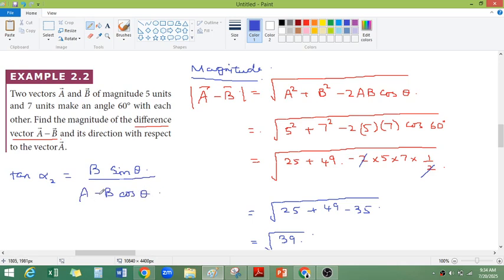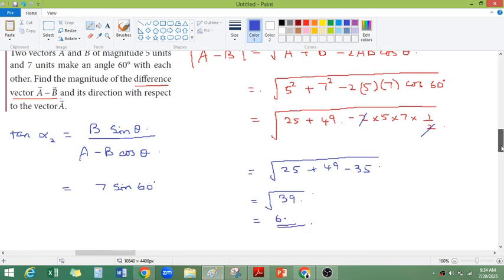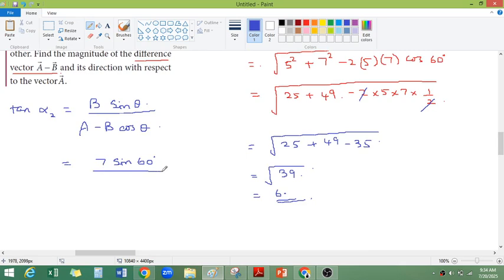Addition means you will get a plus b cos theta, subtraction means a minus b cos theta. Sin 60 is root 3 by 2.